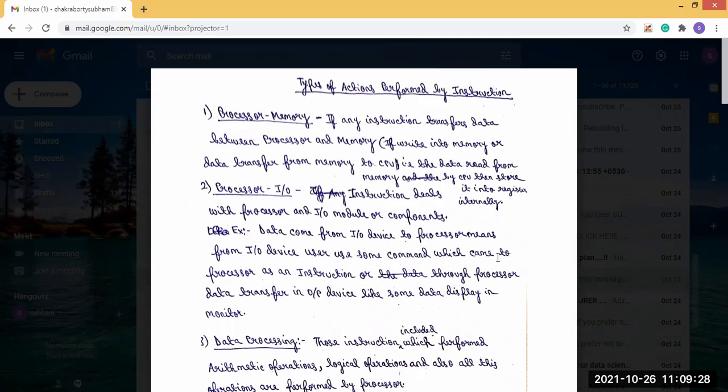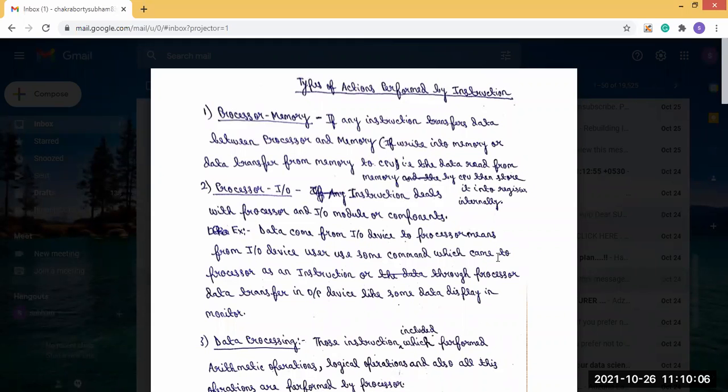So if the data comes from the input output device to the processor, for example, let's say we are writing some commands into the computer. After writing the command, it should be executed, so the command goes to the processor as an instruction.